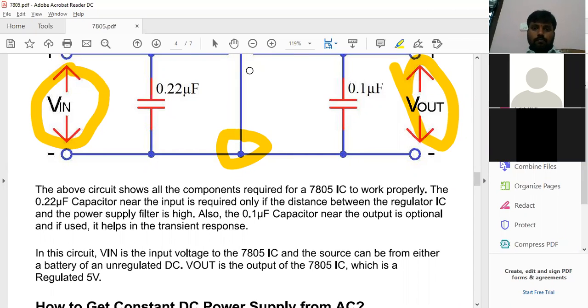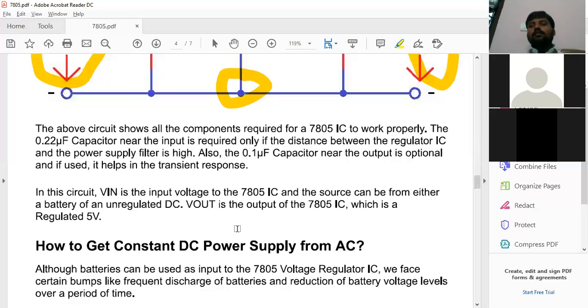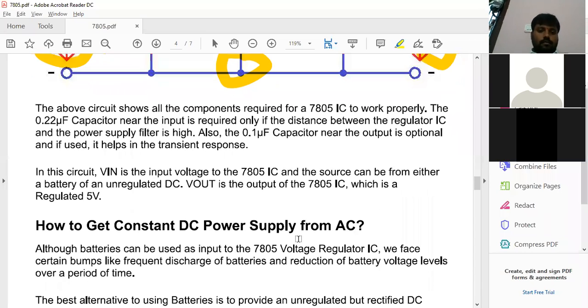Okay, now regulated DC supply. Okay, if the filter and IC are placed far away, then we need to use the 0.22 microfarad capacitor at the input side. Okay, and the output side 0.1 microfarad capacitor is optional.